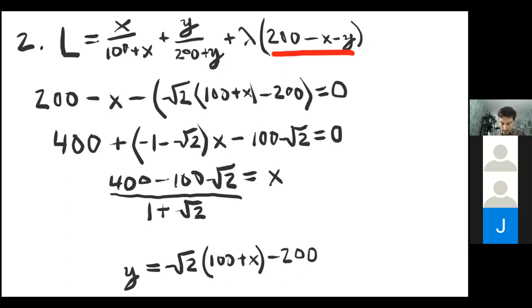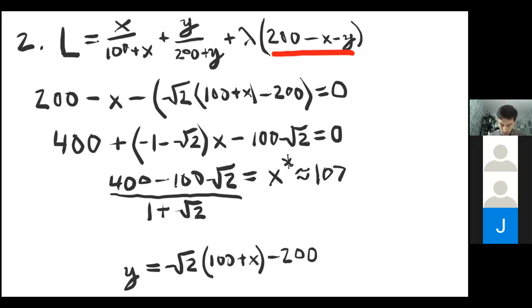So let's say it's approximately 107, and we'll call it x star. Oh, by the way, we should check to see what lambda is. But right now, let's just assume that it's correct and call x star approximately 107. What if we want to find y? Well, we can find y by this formula right here on the bottom.